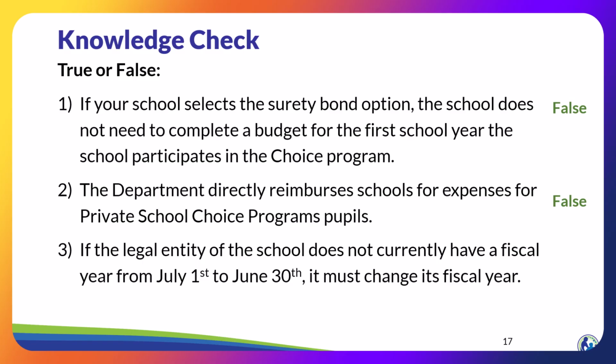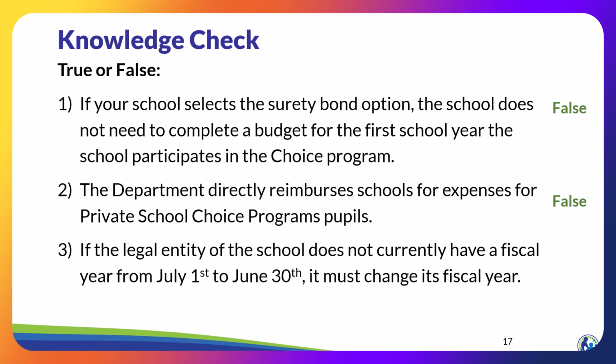Second question, false. DPI does not directly reimburse schools for particular costs. Instead, the school receives choice payments during the year. At the end of the year, those amounts are compared to the school's net eligible education expenses.